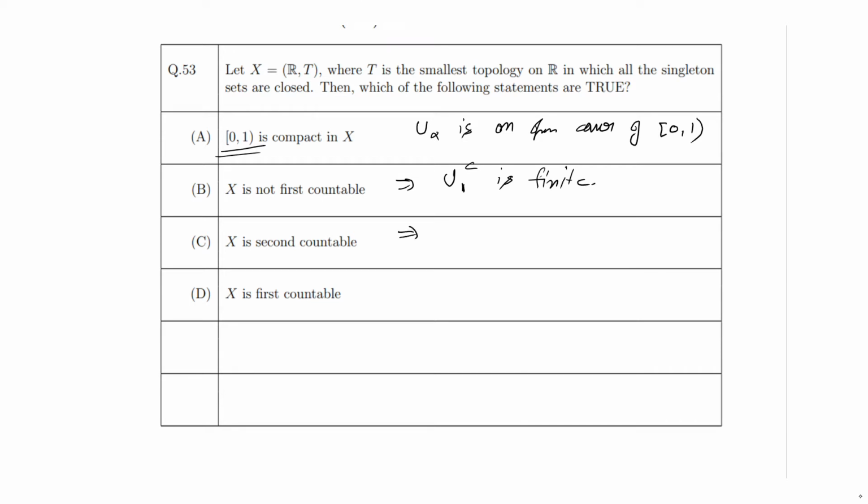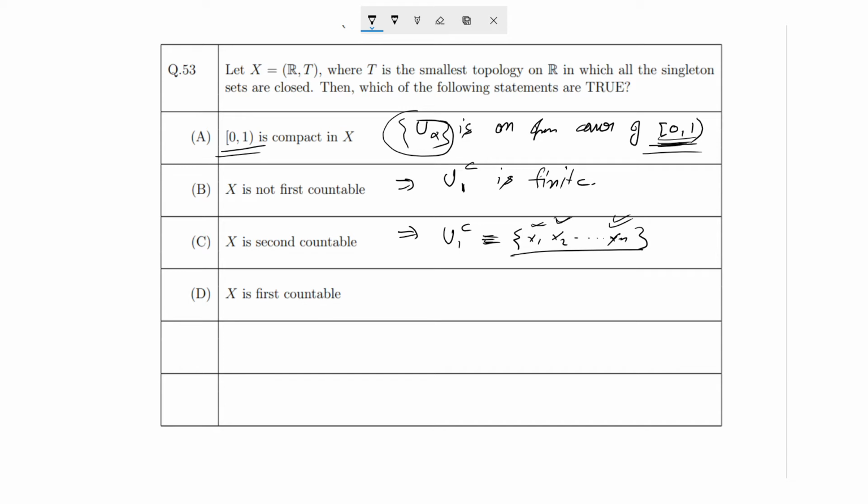So consider U1 complement is x1, x2, ..., xn. Now we are saying that this U1 complement is finite and U alpha is an open cover of this. So x1, x2, ..., xn will be somewhere in this interval, and there are open sets containing x1, x2, ..., xn. So let us suppose that those open sets are denoted by Ux1, Ux2, ..., Uxn.